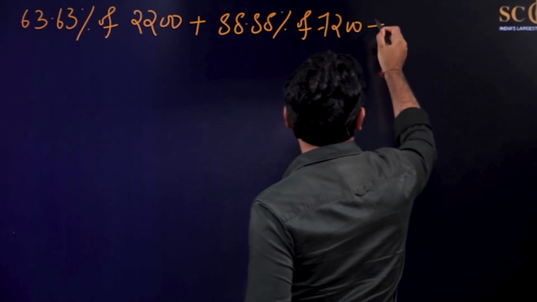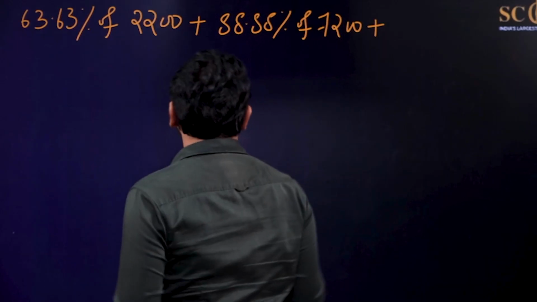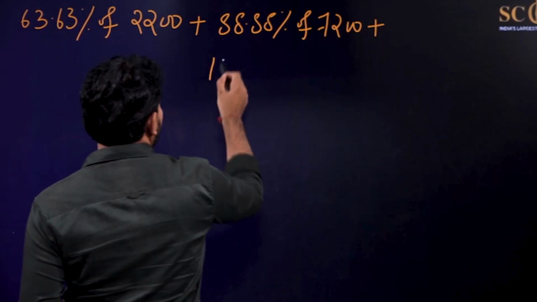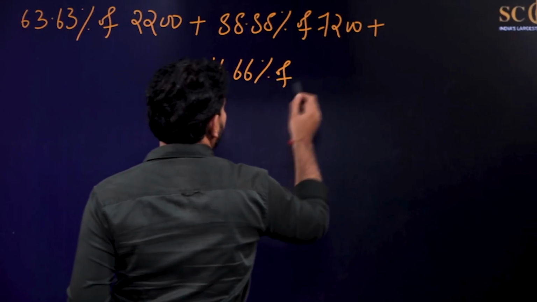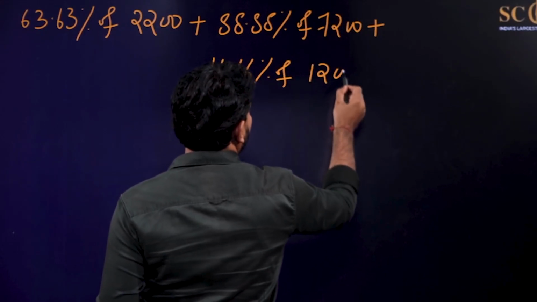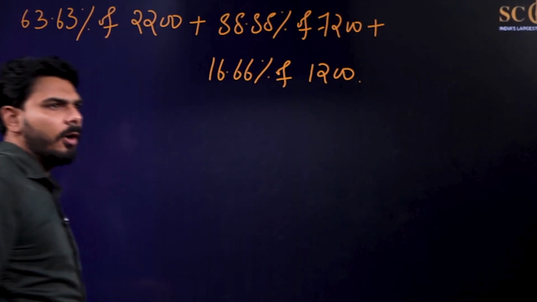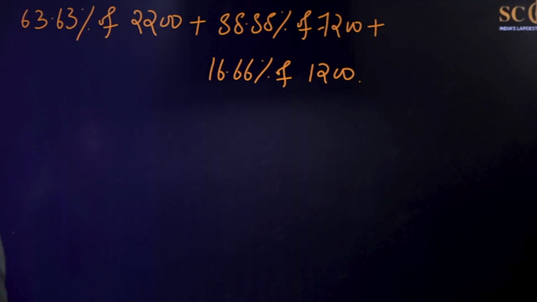Okay, I will write one more term. Suppose you are also given 16.66% of 1200. Okay, just solve it out and tell me what is your answer.